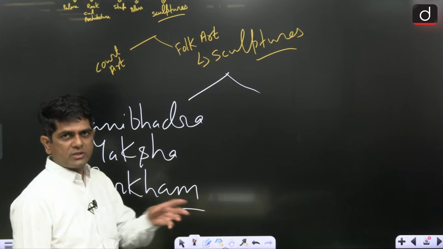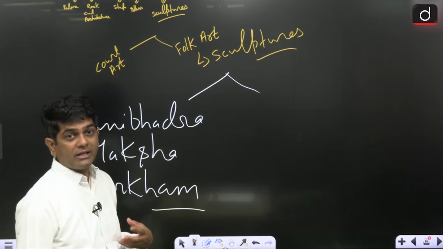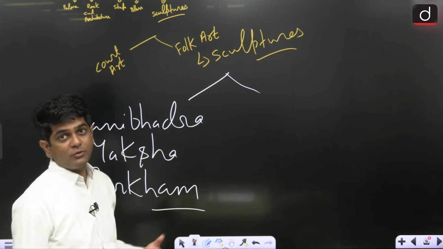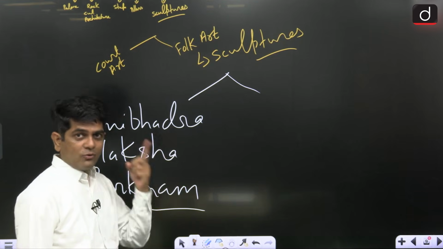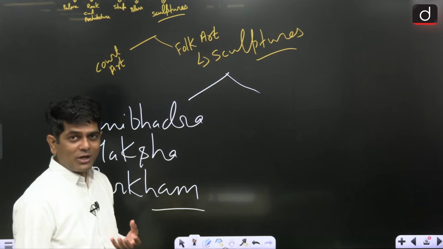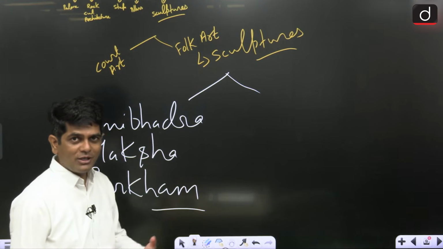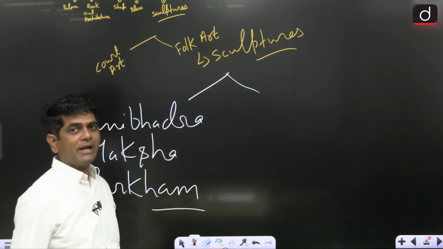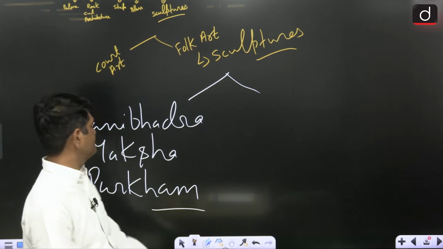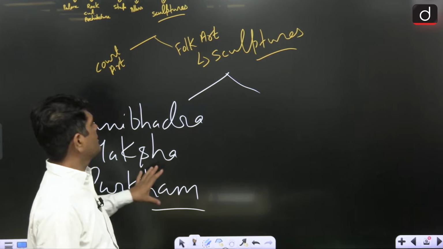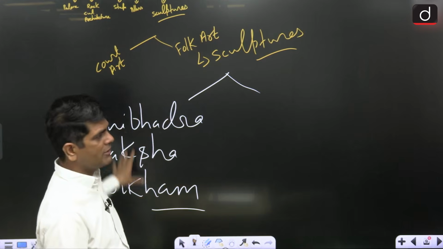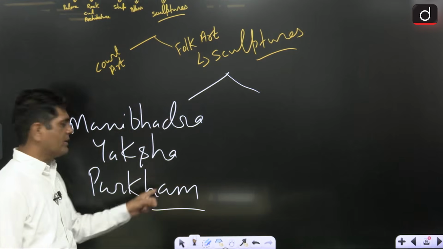And the sandstone was quarried from where? Near Mathura we have Bharatpur. So Bharatpur mines. White sandstone quarried from Chunar, and the spotted red sandstone quarried from Bharatpur mines or Dholpur mines, Rajasthan. So the sculpture of Manibhadra Yaksha found from where? Parkham, Mathura.